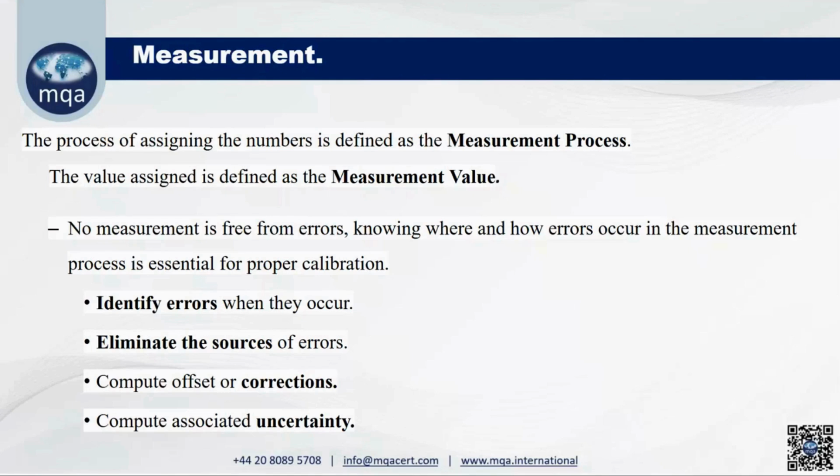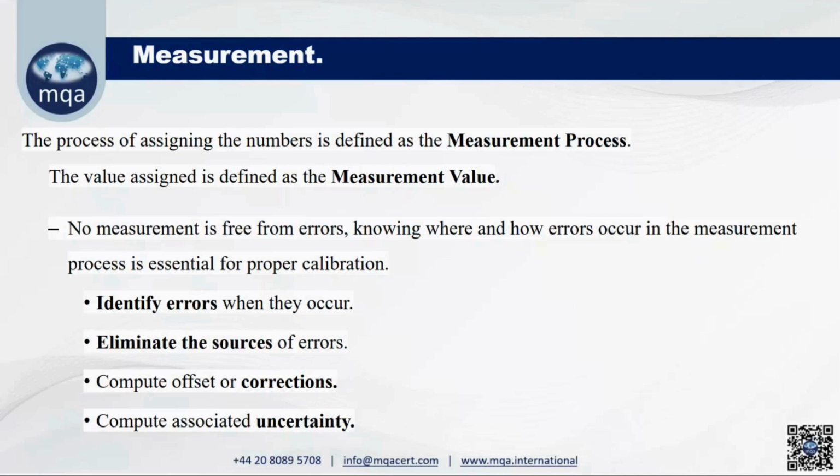Now in some instruments, what happens? We are using it continuously, like the measuring tape which we use at home or at the factory. After some time of use, it is damaged.